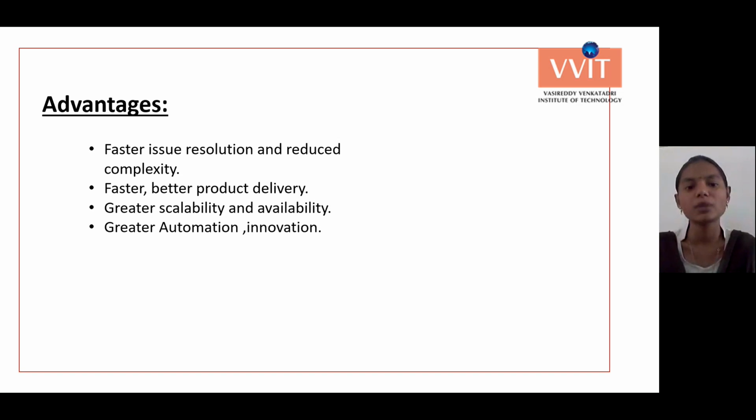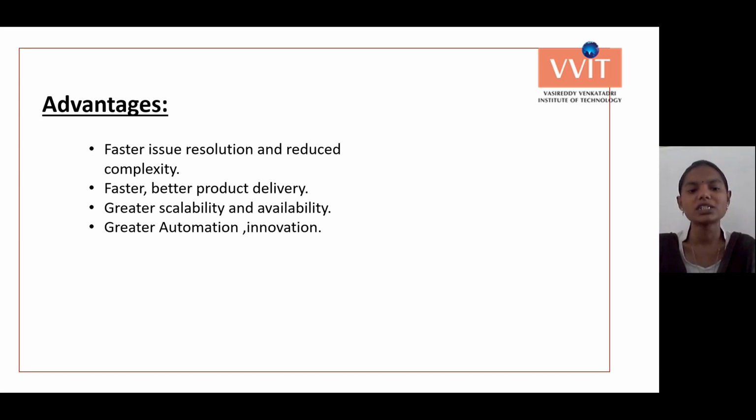That means overcome the problems which are issued in the project. Reduced complexity. It is easier to understand compared to other models. Faster and better product delivery. It takes less time to deliver the product. Greater scalability and availability. It is easy to add any features after the development of the project too.